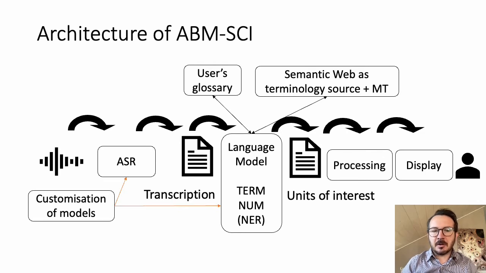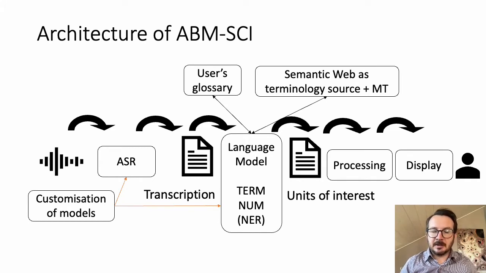The architecture, I'm not going into detail, just a very broad explanation. The tool listens to the speaker in real time and transcribes what has been said. Then we have a language model that finds terminology, numbers, references, and so on.